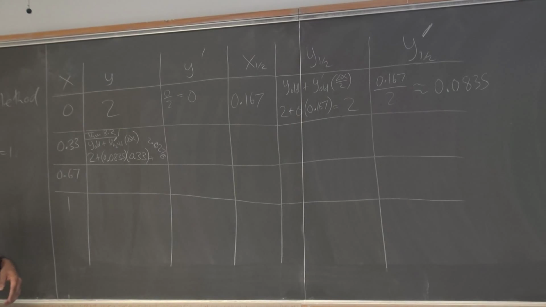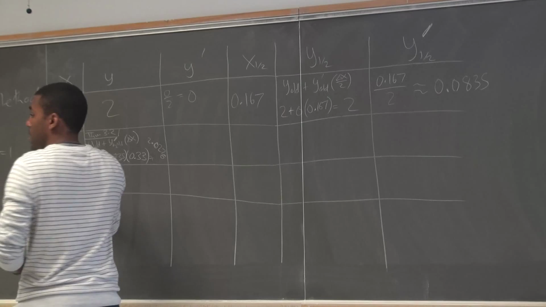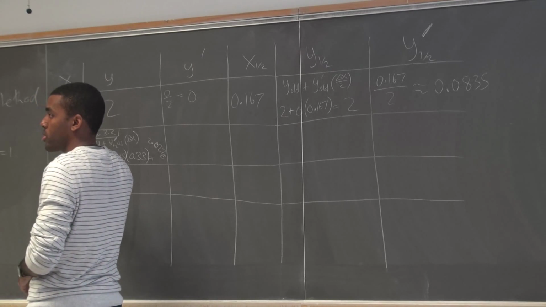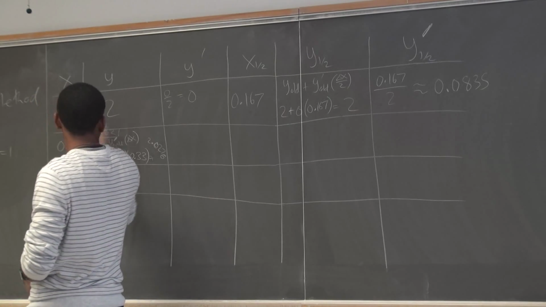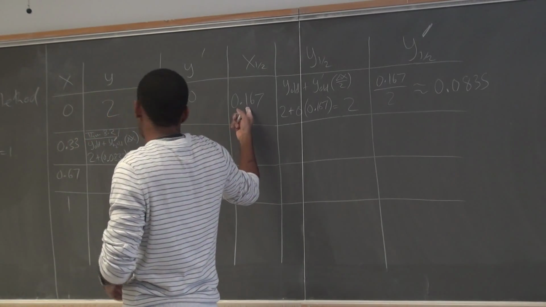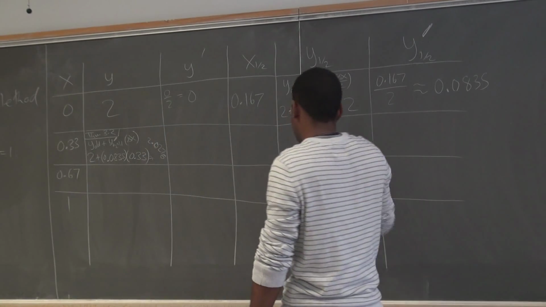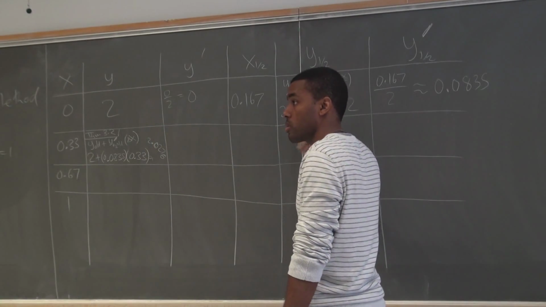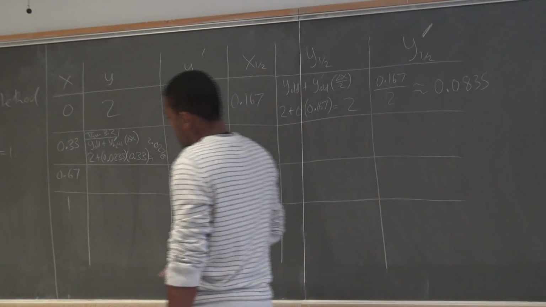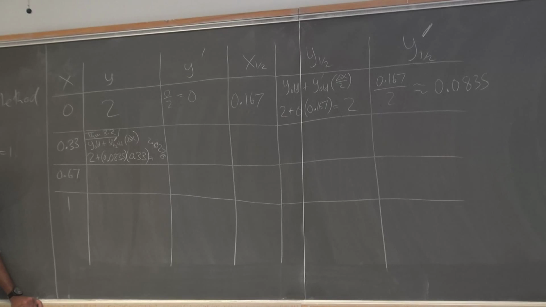For the x half, what did you do? A half step. The full step was 0.33, and dividing that by 2 gives 0.167. So I take half a delta x, and that's always going to be the amount I'm using here. How do we find y prime at this point? X over y, this x over this y.